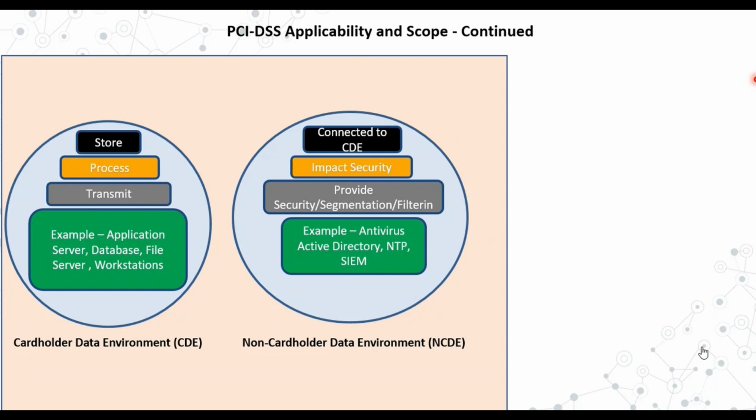If an entity has 100 systems but wants to minimize the scope, the consultant and QSA say that if you do this, particular systems will be scoped out of the assessment. So your overall scope will reduce from 100 to 40 or 100 to 50, and your effort and monetary cost get reduced, right?